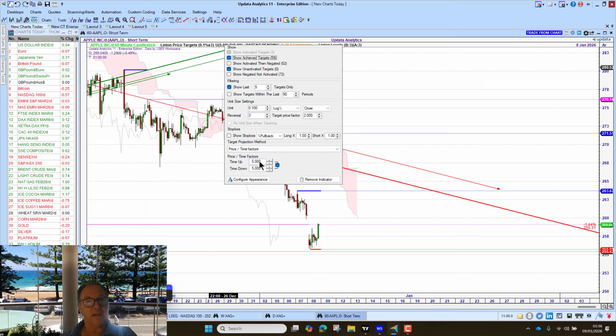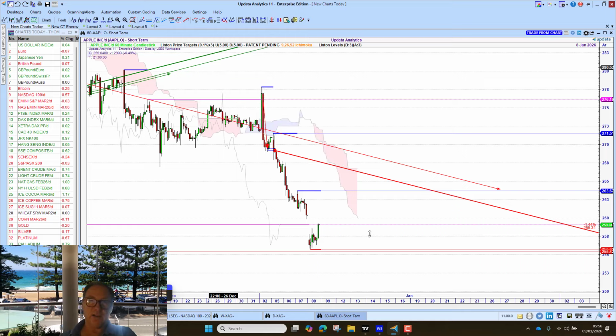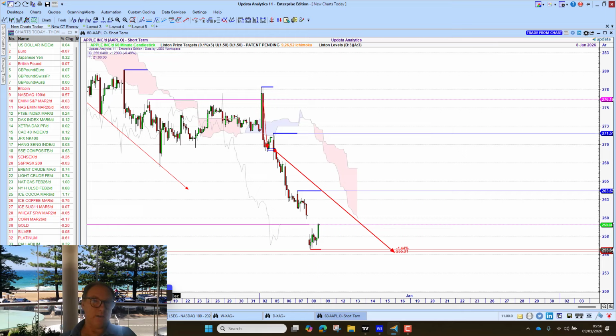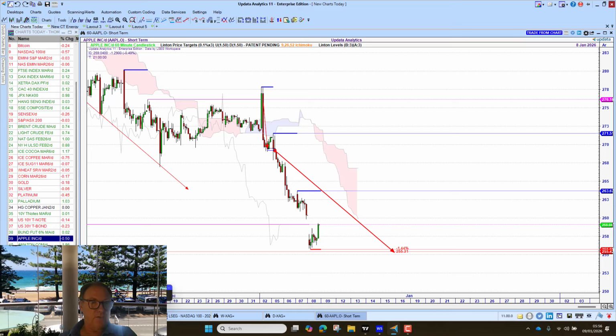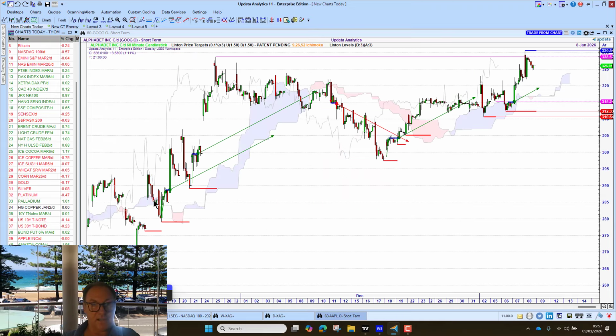And we can see here that that target is actually going to be more clearly met there. So key. The other one was I did actually rank the Mag 7 in my LSEG webinar before Christmas. You'll find that on the Updater website if you go to LSEG Masterclass.